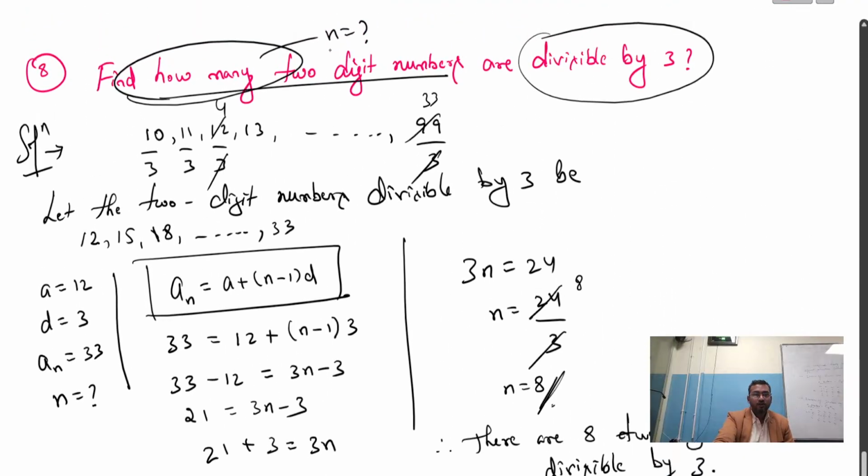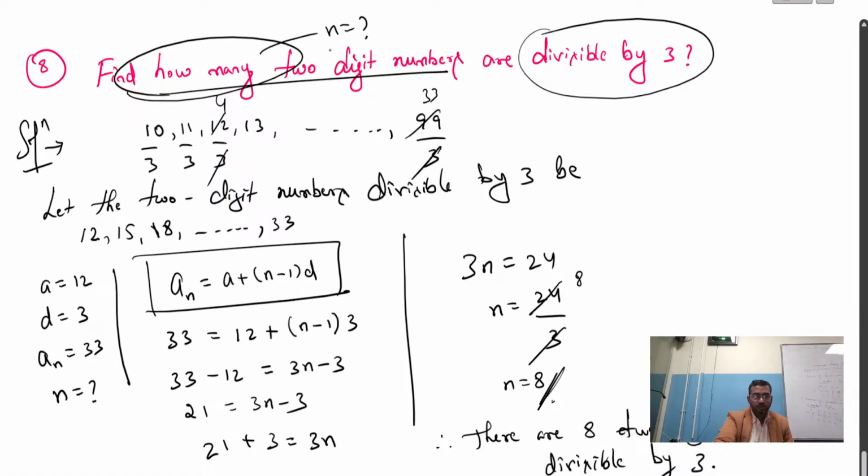Will you try solving this problem? This is question number 9. Make a note.